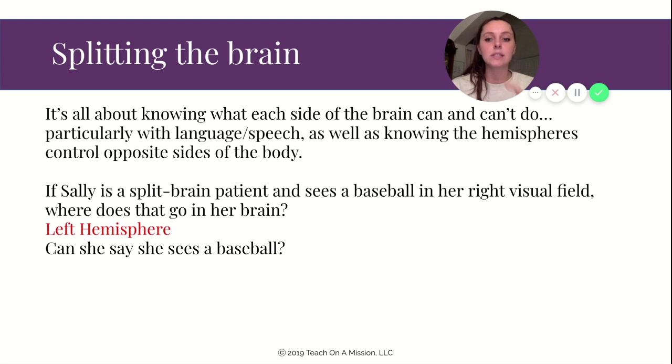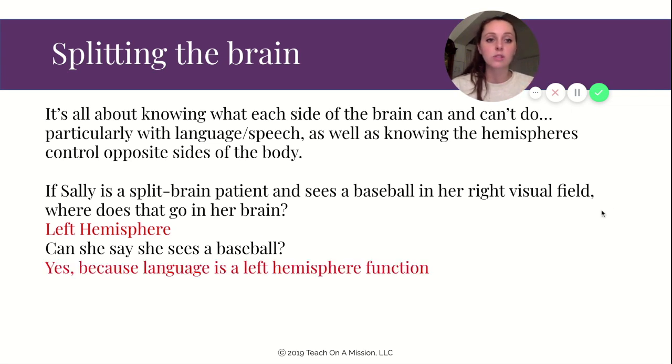Now, can she say that she sees the baseball in her right field of vision? Well, think about where those language areas are located. They're located in the left hemisphere. And that information from the right side of the body gets sent to the left hemisphere. So yeah, if she sees that baseball from her right eye or her right field of vision, she can say she sees that baseball because language is in the left hemisphere.